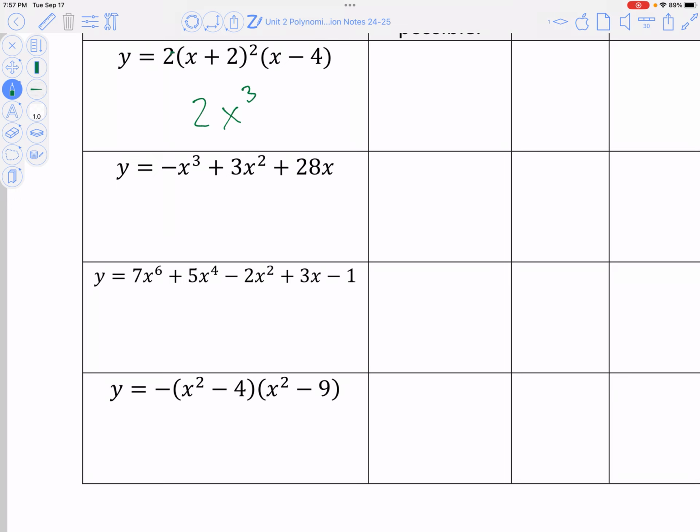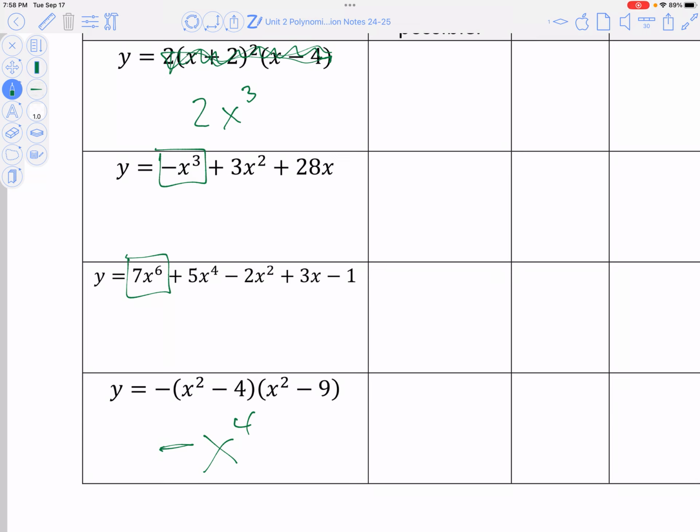I don't care about anything else when I'm determining end behavior except for the leading term. The leading term here, because it's in standard form, is going to be negative x to the third, 7x to the sixth, and this leading term will be negative x to the fourth. That's all you need. You don't need anything else to know the end behavior.